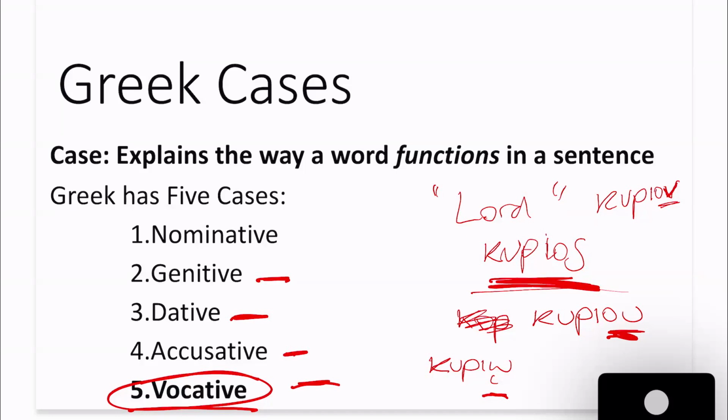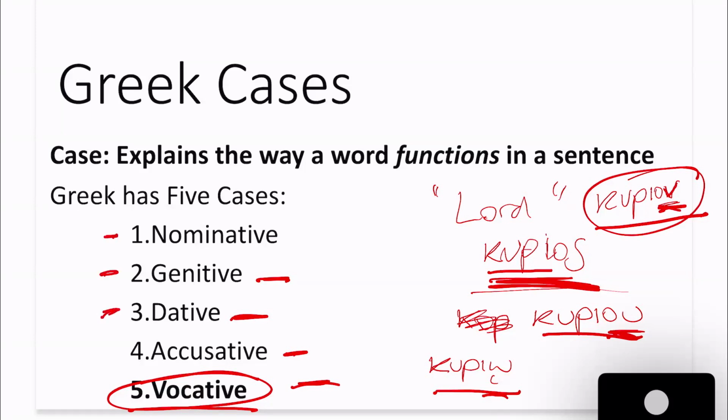And so I would use kurion. So the word stays very similar, kurios, kuriu, kurio, kurion, but it's this ending that's telling us whether the word is a nominative, and often the subject, genitive, possessive, dative, indirect object, accusative, object of the sentence.